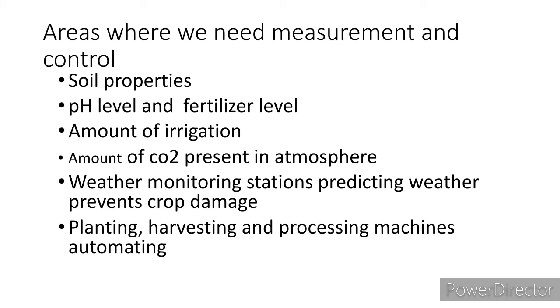Then the next important parameter is the amount of irrigation. Amount of irrigation is very important because over irrigated plants, the roots will die and will subsequently affect the yield. The same is a problem with under irrigation also. Means plants won't get enough water needed for their growth.